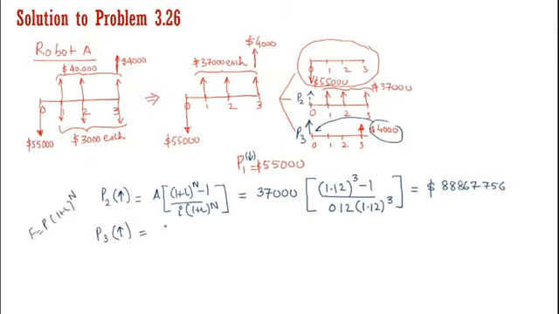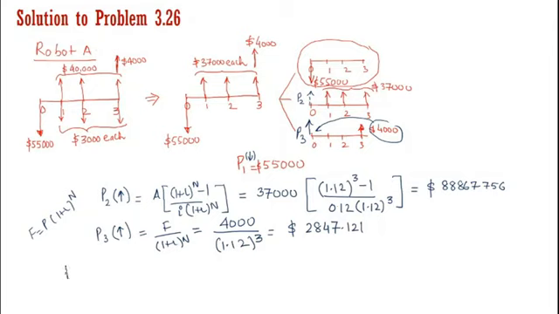So P will be F upon 1 plus i to the power n. F is given as 4,000 divided by 1.12 to the power 3. So this comes out to be $2847.121.